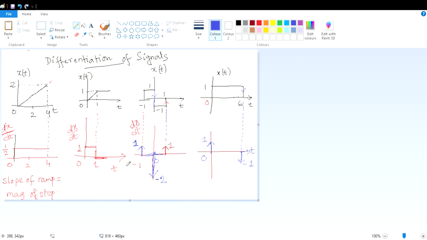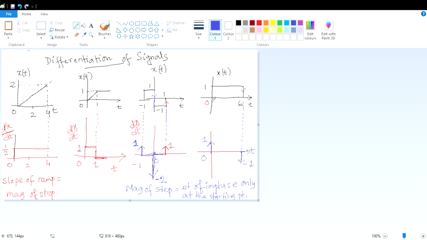In this way, without writing the mathematical expressions of the signal, we are able to get the differentiation of the signal. If I want to write the formula for this differentiation from step, we can write that the magnitude of the step is equal to the weight of the impulse only at the starting point.